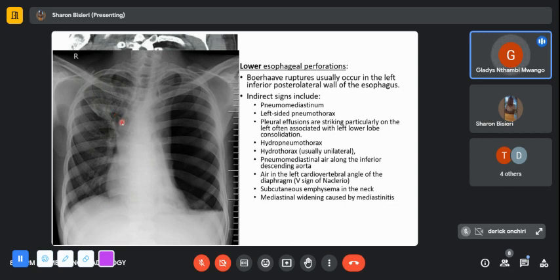So it looks like there's partial atelectasis, and even that hilum is at a higher level than it should be. The markings above that rib are not very clearly seen, and I'm not really seeing a pleural line, even with expansion.